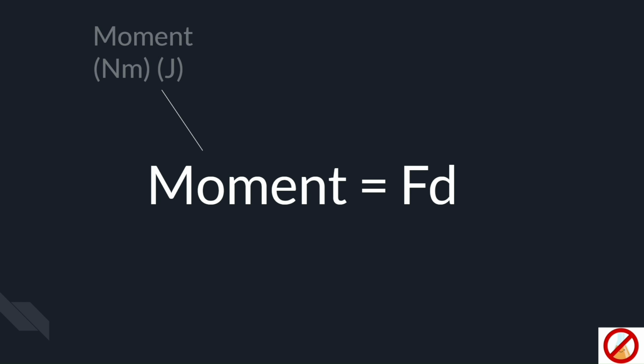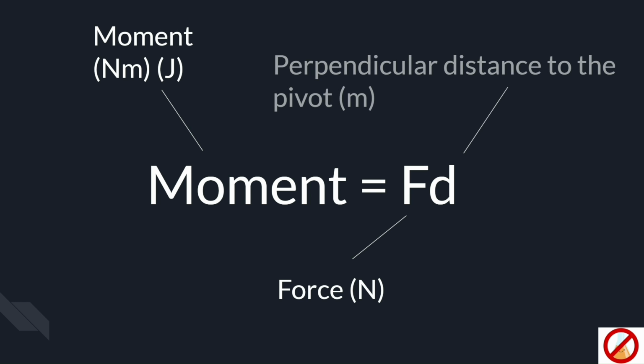In moments, our unit will be Newton meters, which is exactly the same as a joule, but we'll call it a Newton meter, which we write as Nm. The reason we call it Newton meter is because the force has its unit in newtons and the distance has its unit in meters. So Newton times meter is Newton meter.